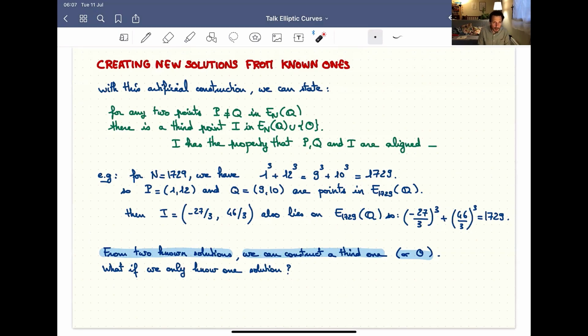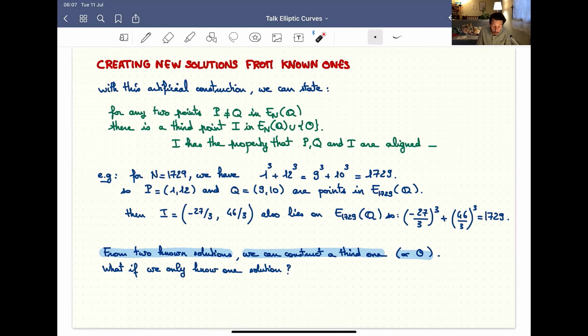So this is all very interesting, but if we think of the 2 problems, the problem with the silver cubes and the problem with the doctor, this is not very interesting because for this to work, we need 2 solutions. And in the problems, at the beginning, we don't know 2 solutions, we know just 1. So how are we going to work around this issue?